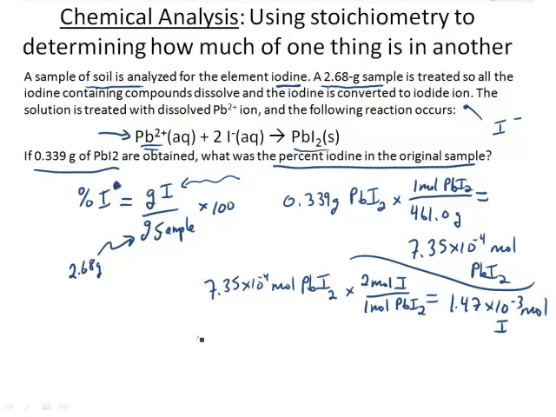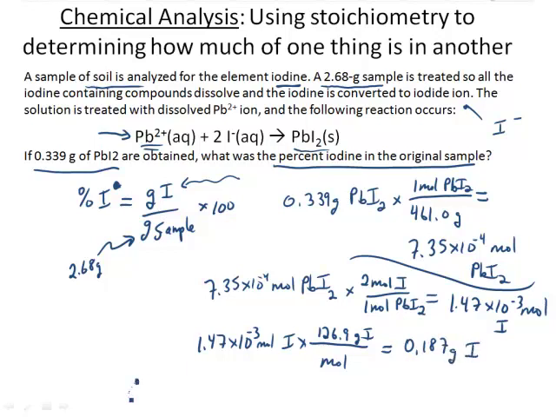And then we're going to convert that into grams of iodine. So it's 1.47 times 10 to the minus 3 moles of iodine times its molar mass, which is 126.9 grams of iodine per mole. That's just from the periodic table. Times 126.9. And that gives us a mass of 0.187 grams of iodine.